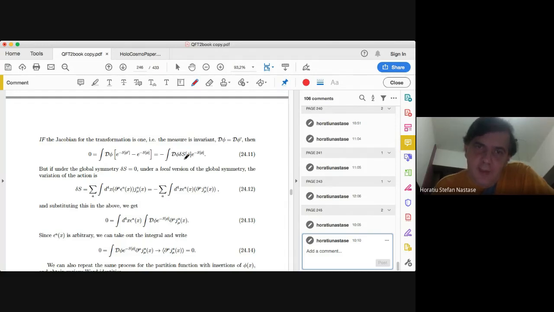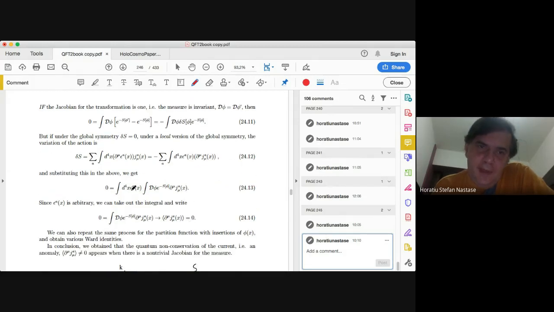And now we substitute this variation into the path integral. Then we see that we have integral of x, epsilon of x, and then the path integral with d mu j mu a inside.